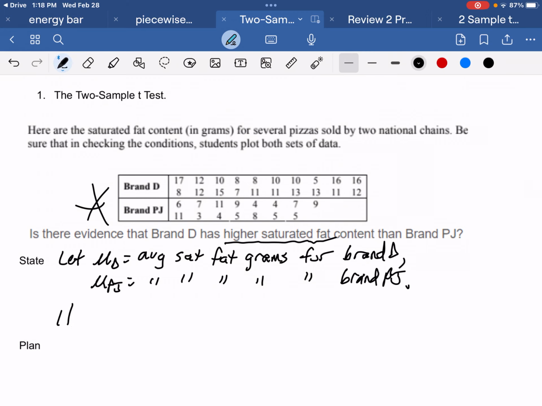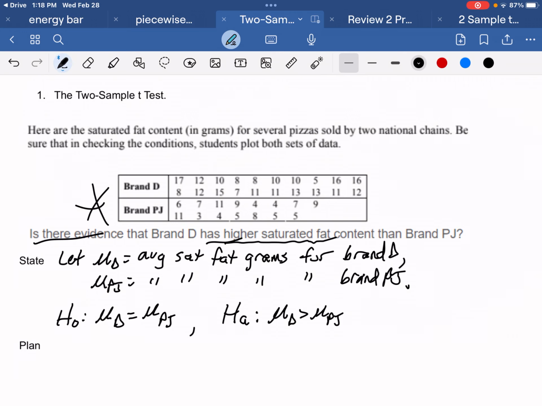And then I'm going to say my null hypothesis is the average fat grams for brand D is the same as the average fat grams for brand PJ, always equal. The alternative hypothesis is going to be mu subscript D is greater than mu subscript PJ because it says, is there evidence that D is higher than PJ?